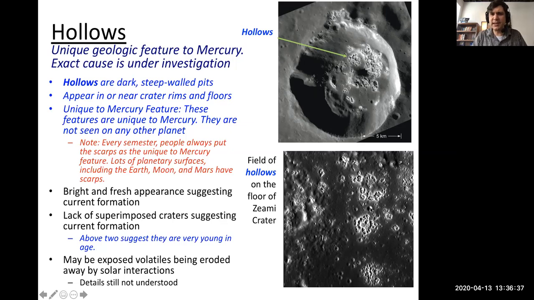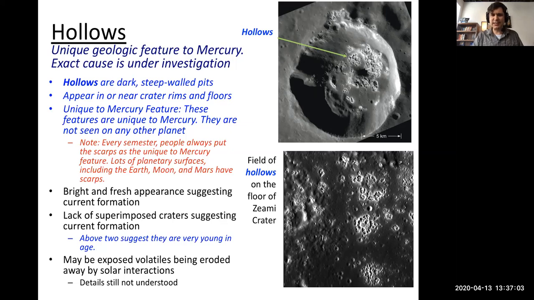One of which is you can see how they're brighter in color than the surrounding terrain. So brighter surface almost always maps to young surface. So this is telling us that these features are very young. We never see a crater that obliterated part of them either, which suggests that these are very geologically young, perhaps even still forming today.